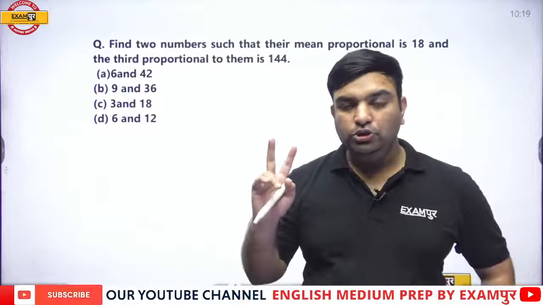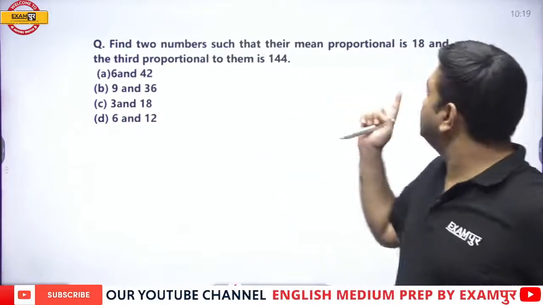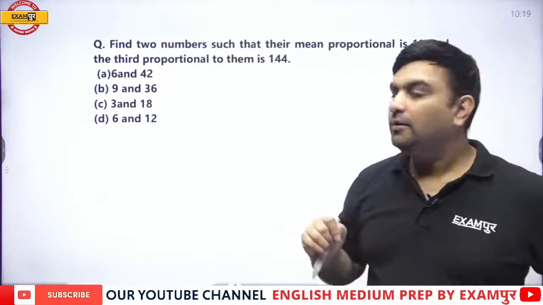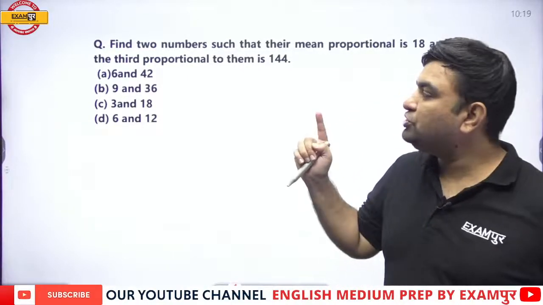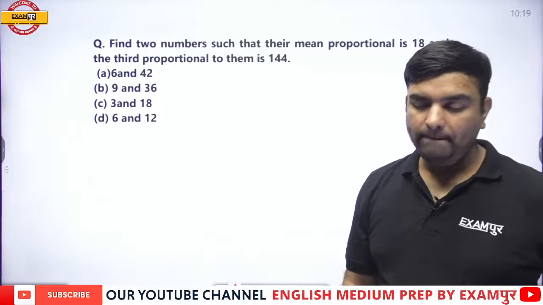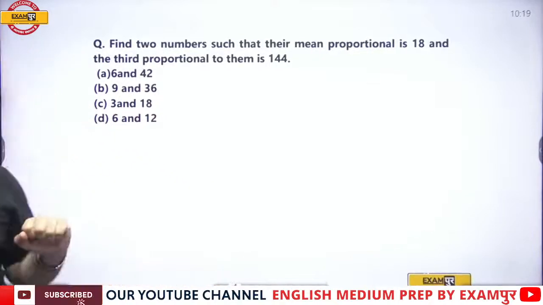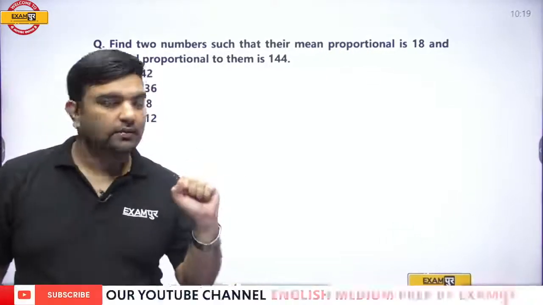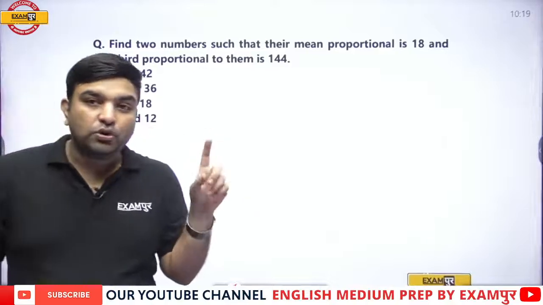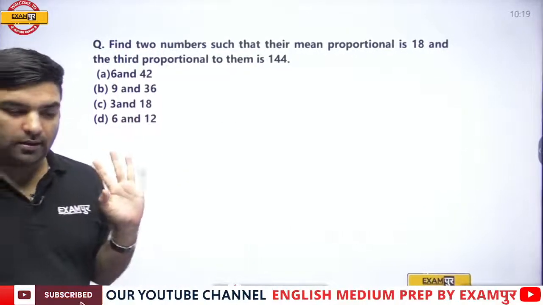You have to find those two numbers whose mean proportion is 18 and whose third proportional is 144.